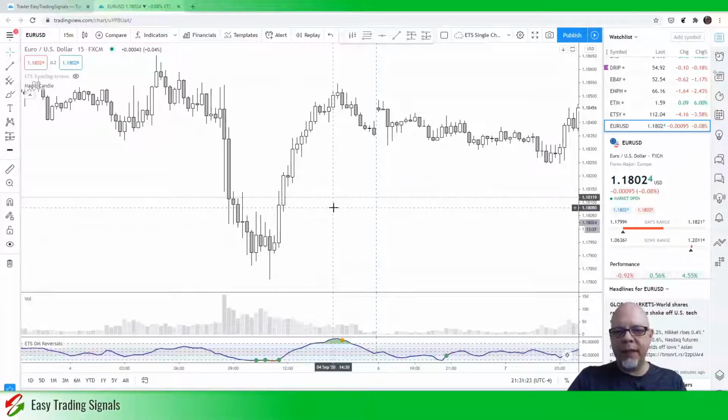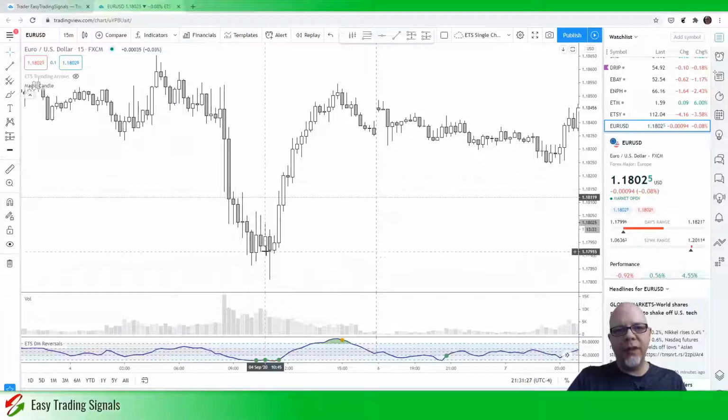But there's something else here that I want you to notice, and this is the actual little secret that I use, if you want, very often to confirm that something is going to happen. Now you can also use things like candlestick patterns and other confirmation indicators, but what I look at is divergence.